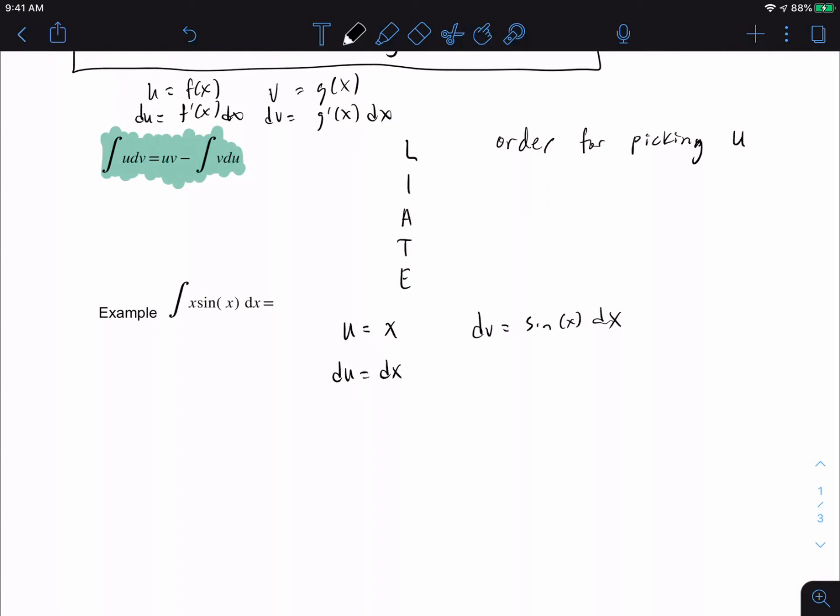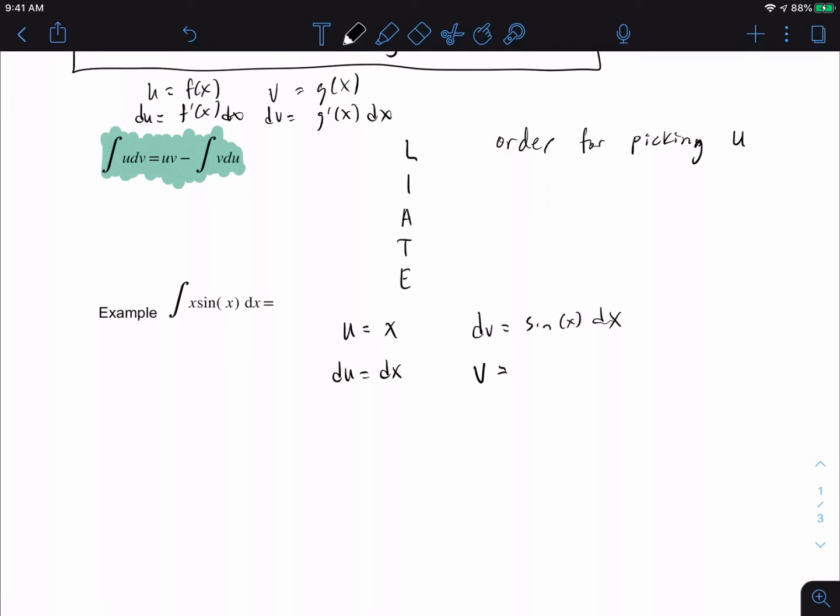So what is the integral of sine? Would it be negative cosine x?